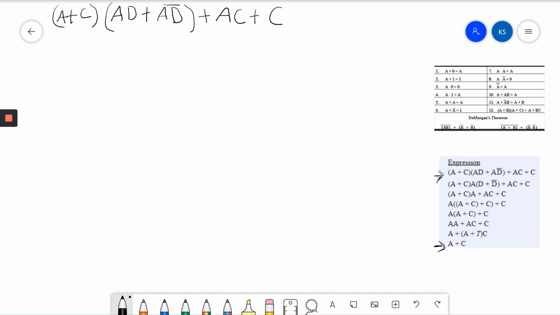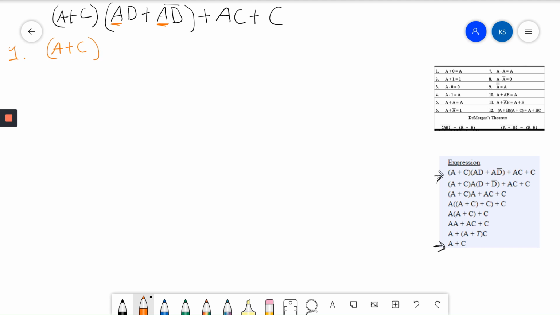Now I'll simplify it. So how to simplify it? Let's start with the very first step. In the very first step, we will take this A common from the expression. So then what will be my expression?